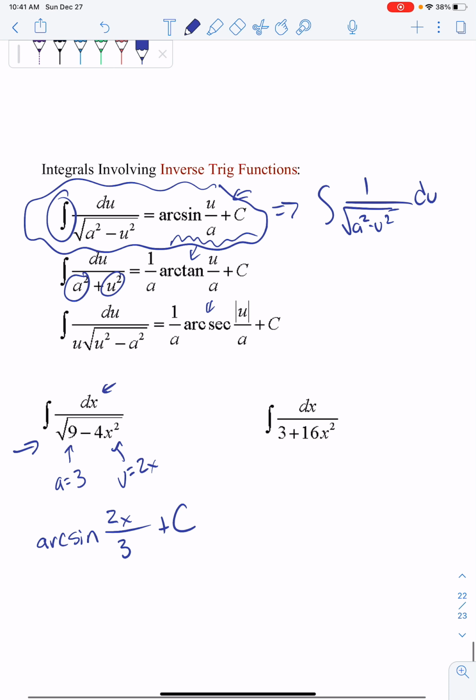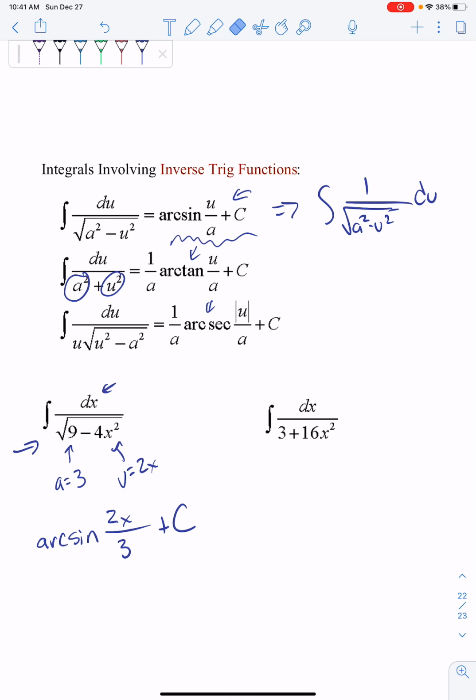Okay, this second one, there's not a square root, so I'm probably not using arc sine or arc secant, but the bottom technically could still look like my arc tangent one. I have something squared plus something else squared. In this case, something squared is equal to 3. Well, that makes a equal to the square root of 3.